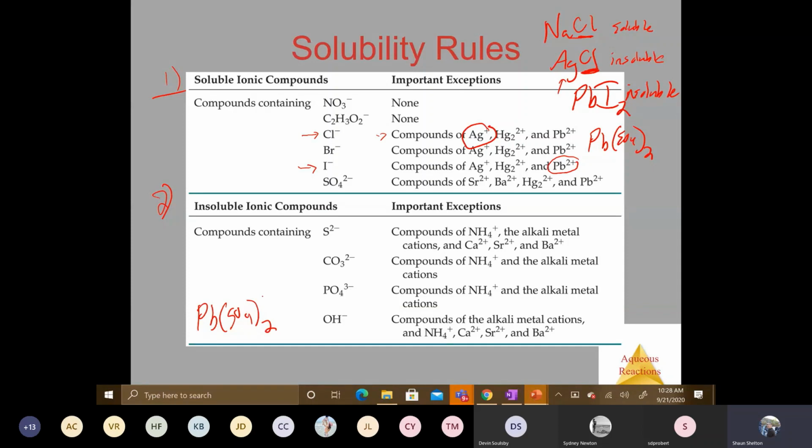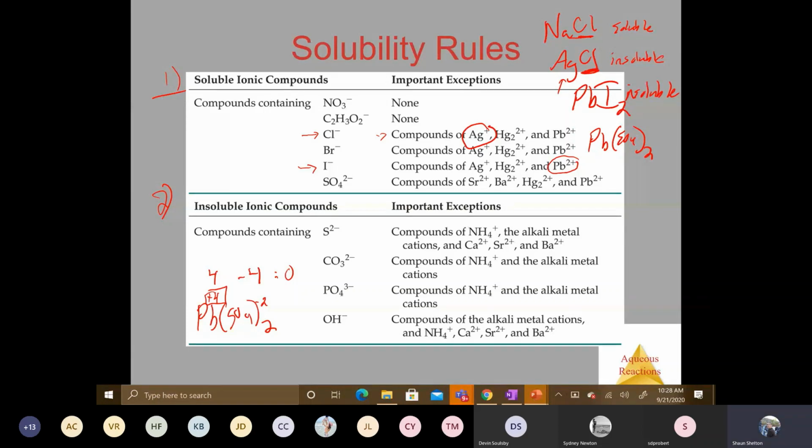Now, sulfate is a polyatomic ion. It has a charge of -2. There's two of them, and so 2 times -2 gives me -4. Now, I know this is equal to 0 because it's neutral. There's no charge given. So 4 minus 4 equals 0. There's only one lead. That means that lead is +4.